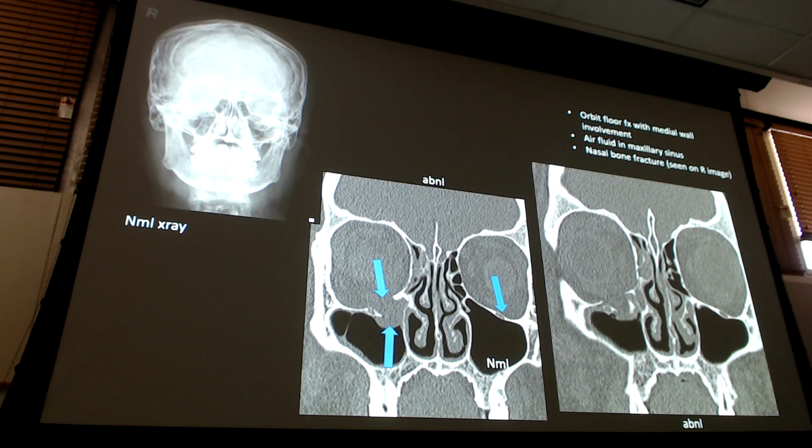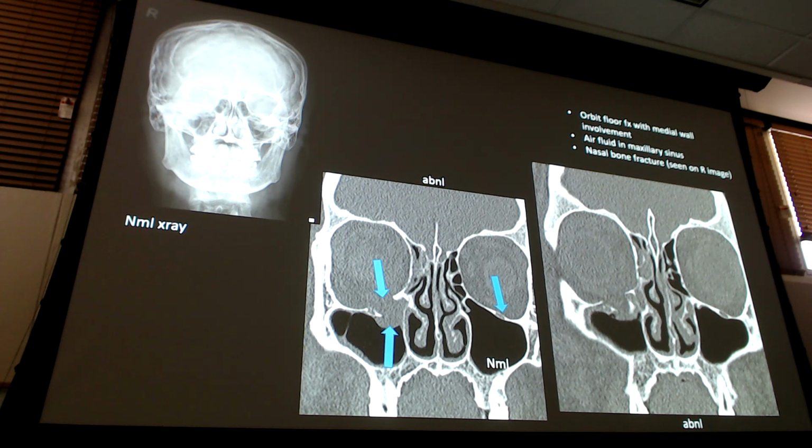Which eye or which orbital socket has the one with two arrows? The right. I think I've hammered that home enough. You can also look at the sinuses up in here and compare the two sinuses. You see the excess of fluid in the right sinus compared to the left sinus, right?